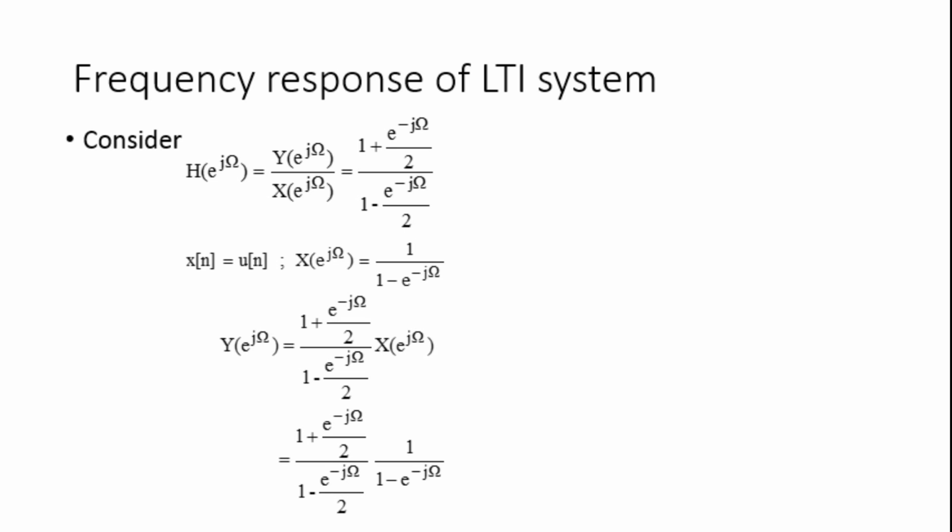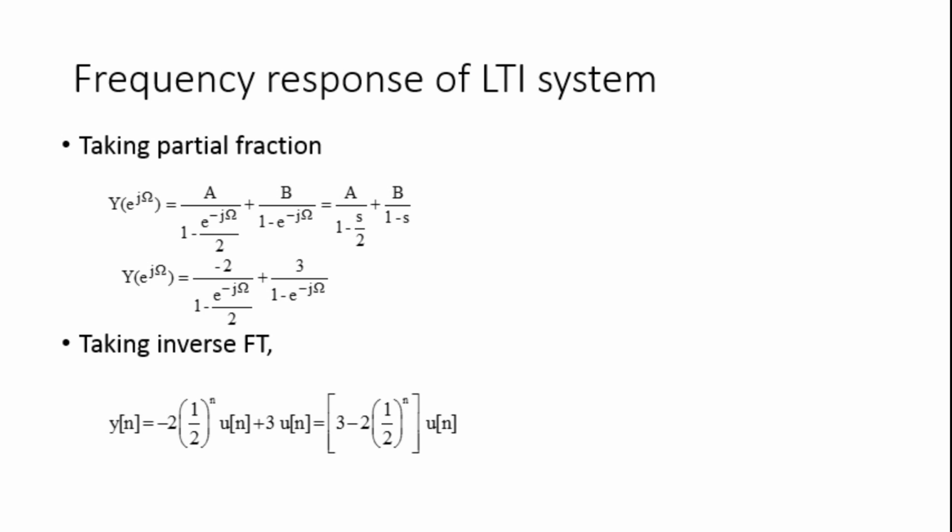Now, substituting X of e power j omega equal to 1 divided by 1 minus e power minus j omega, we get Y of e power j omega is equal to 1 plus e power minus j omega divided by 2 divided by 1 minus e power minus j omega divided by 2 into 1 divided by 1 minus e power minus j omega.